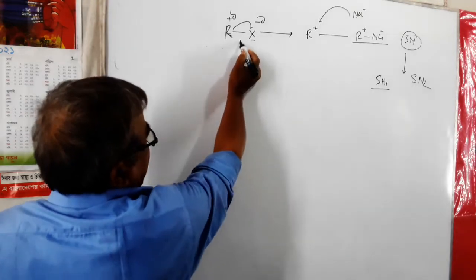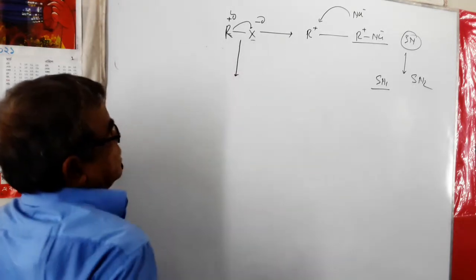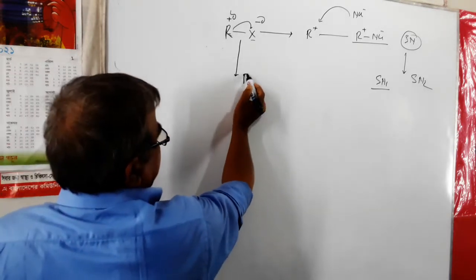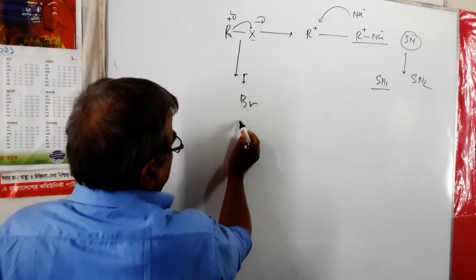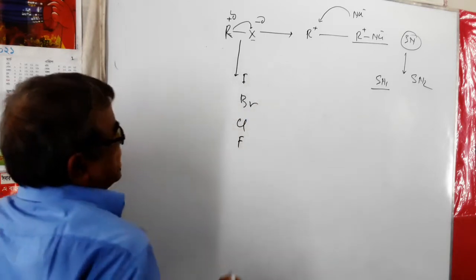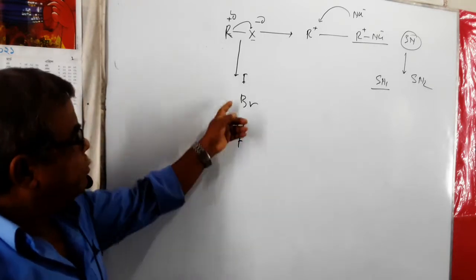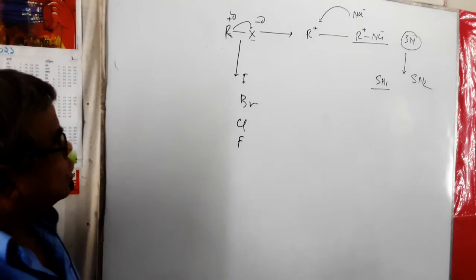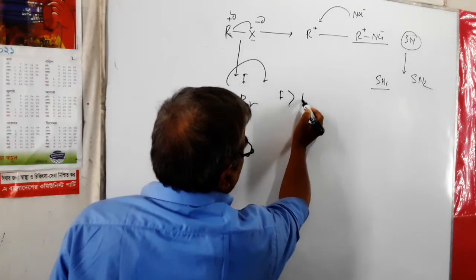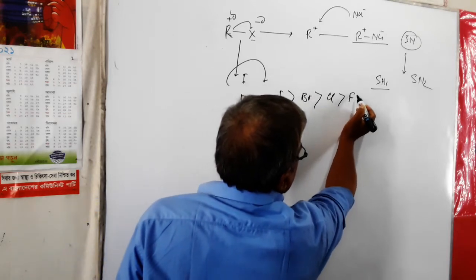As for example, in the case of halogens, iodine, bromine, chlorine and fluorine, the bond strength of iodine is less than bromine, and bromine is less than chlorine. So the releasing power of iodine is greater than bromine, bromine is greater than chlorine, and chlorine is greater than fluorine.